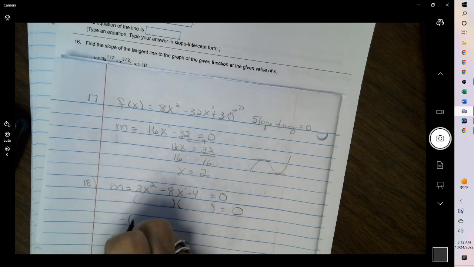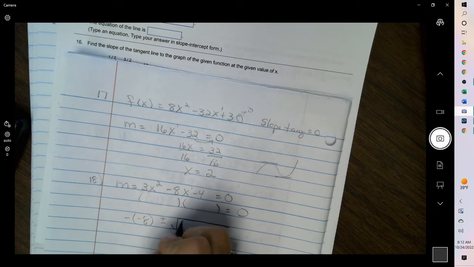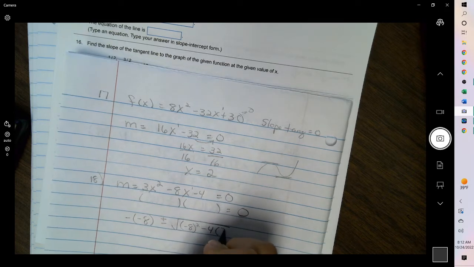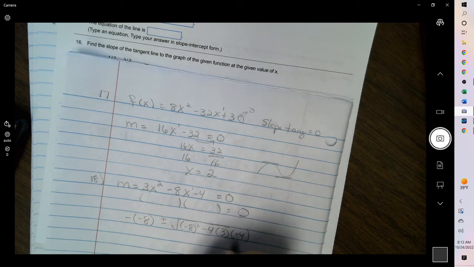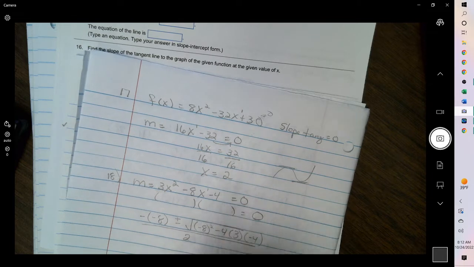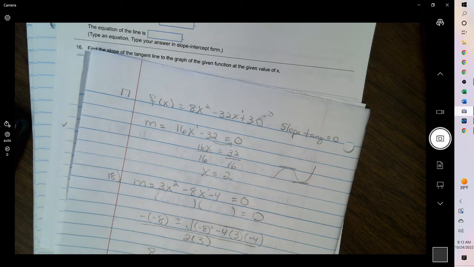Negative b plus or minus the square root of b squared minus 4 times a times c all over 2a, and a is 3. So we have 8.